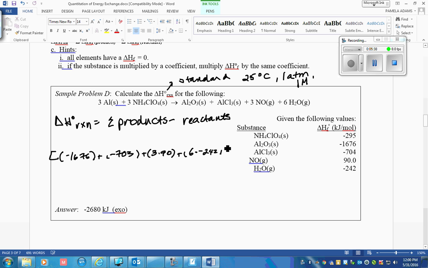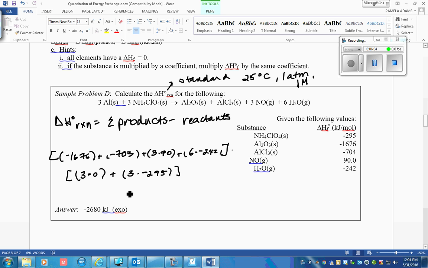That would be the products, and from that we would subtract the reactants, 3 times 0. Remember that the enthalpy of formation of any element, including diatomic elements, is 0, plus 3 times a negative 295.